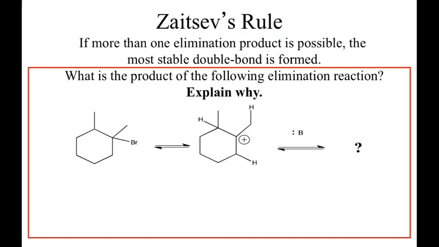Okay, before we get into even more complexity with that, let's back it down a little bit and go back to something a little bit easier to deal with. In this case, what mechanism am I trying to show? Elimination for sure. How do we know it's elimination?